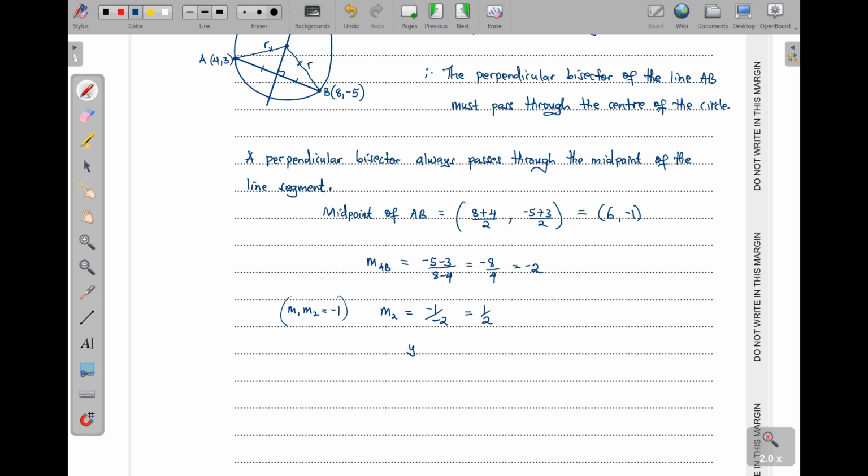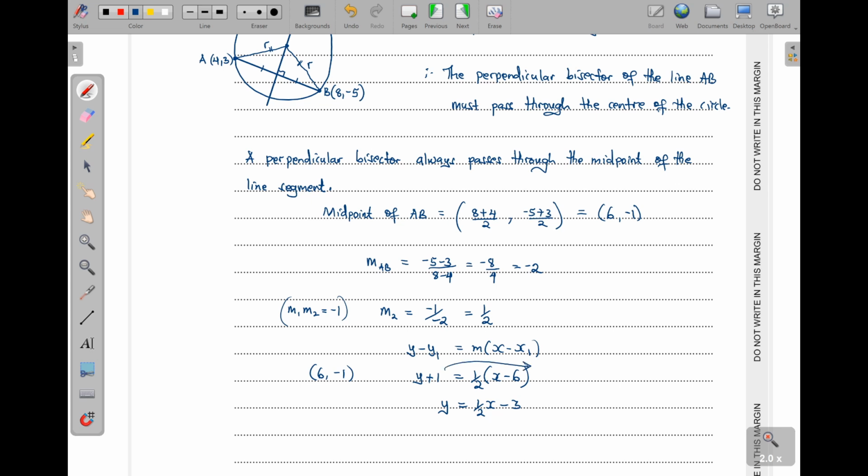Now, using y minus y1 equals m into x minus x1, we shall have these two coordinates, (6, -1). So y minus -1, that will be a plus 1, is equal to m, which is a half, then x minus 6. And then when we open the brackets, this one will be a half of x, then minus 3.